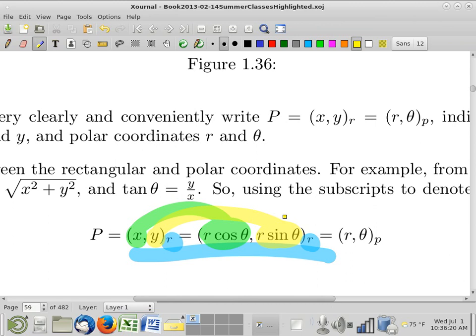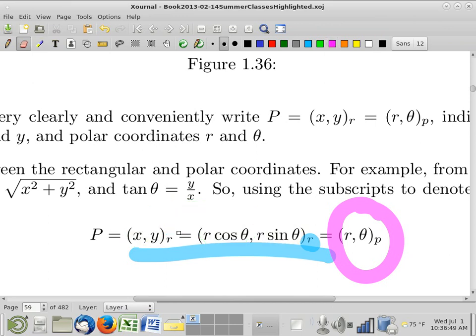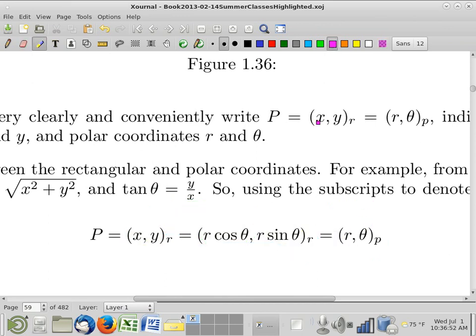What this says is that the x coordinate can be computed as r cosine theta, and the y coordinate can be computed as r sine theta. And what do I mean by r and theta? Well, r and theta are the polar coordinates of that same point. I like to use that in situations when there's some uncertainty as to exactly what you're referring to. It's nice to have that little language.